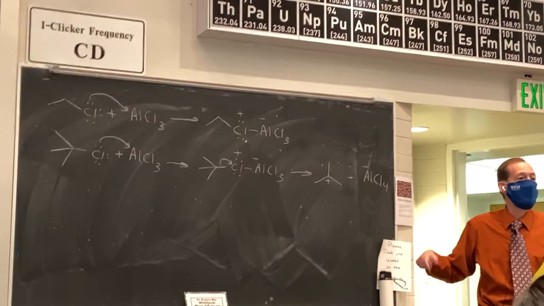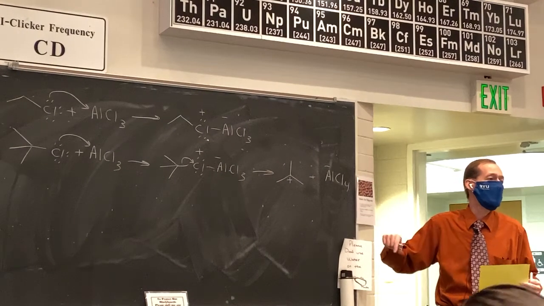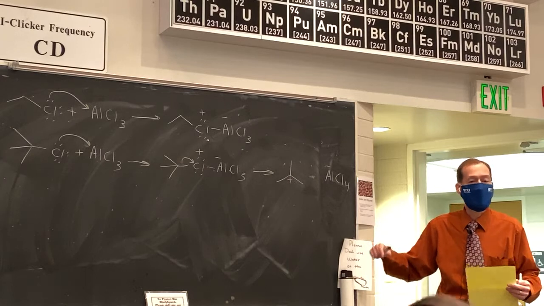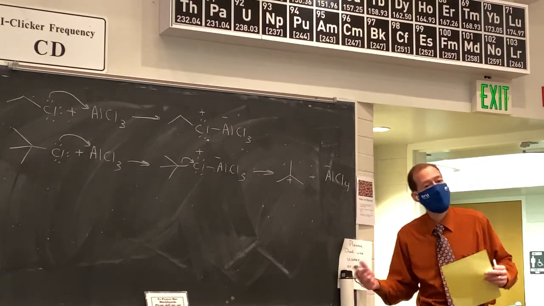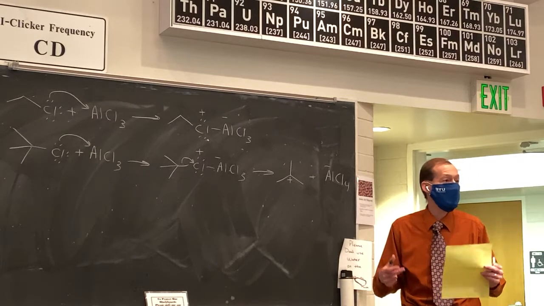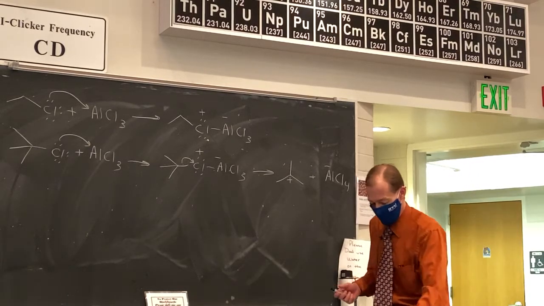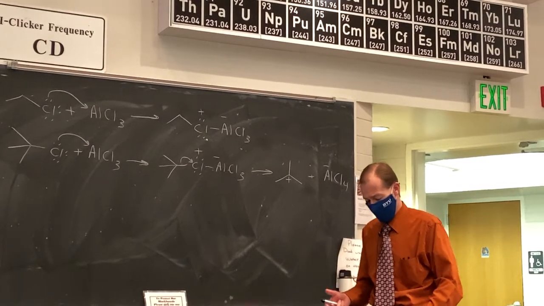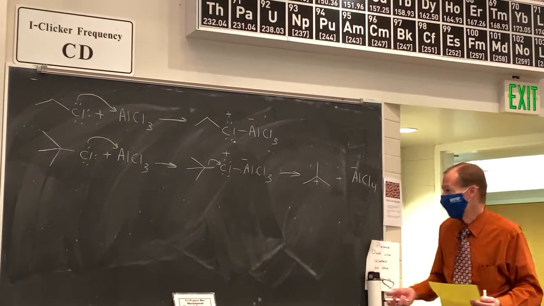So this process can occur when it is either a secondary or a tertiary alkyl group attached to the chlorine, because secondary and tertiary carbocations are stable enough to be generated. And then the carbocation will react directly with the benzene ring in the Friedel-Crafts reaction.